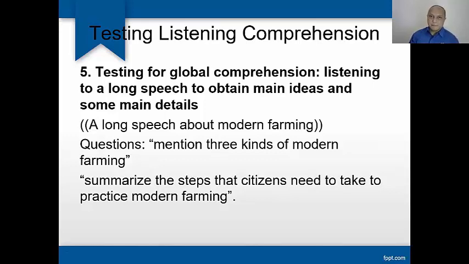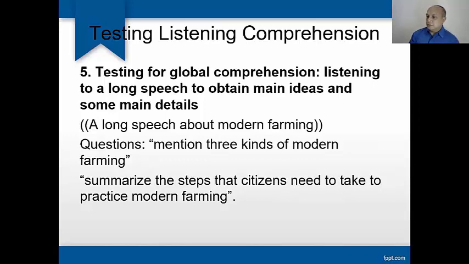Of course, the responses could be long written sentences, long answers, according to the questions. But in this kind of task, of course, they are allowed to make some notes, to jot down some notes, to scribble some notes, to capture the ideas from the lecture, from the long speech.